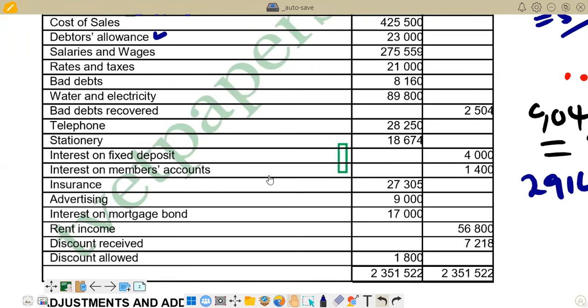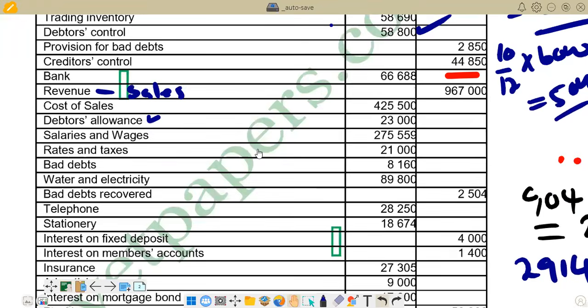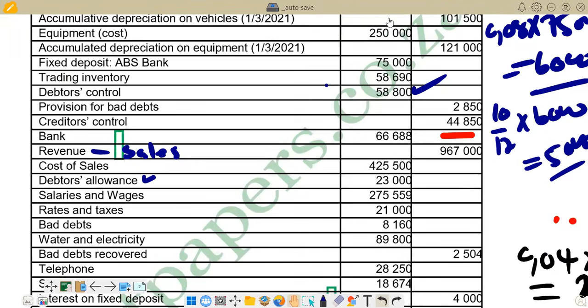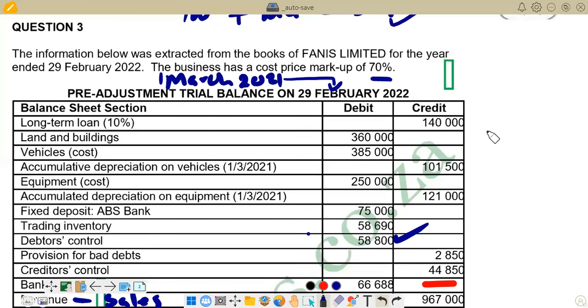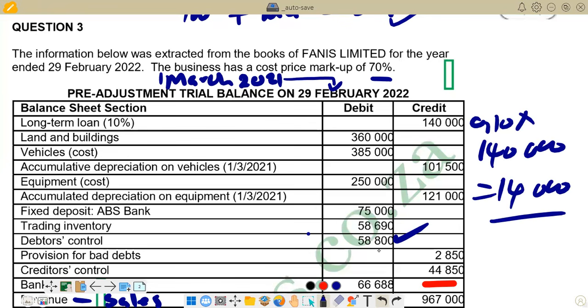So that's the figure that we are given there in terms of description for the mortgage loan. So the interest that was supposed to be paid for that period is 10%, which is 0.10. Then you multiply by 140,000. Then you get 14,000. So this is the interest that was supposed to be paid.